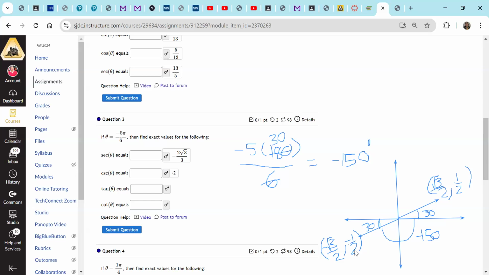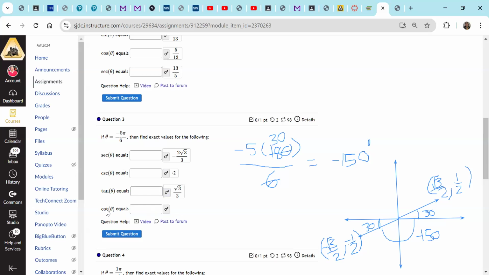Negative 1/2 divided by this is going to be 1 over square root 3. Rationalize it, and rationalization will give you square root 3 over 3. And then cotangent is opposite of the tangent. So 3 over square root 3, then rationalize it, which is going to be square root 3.